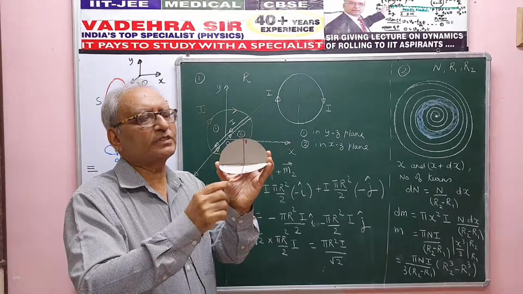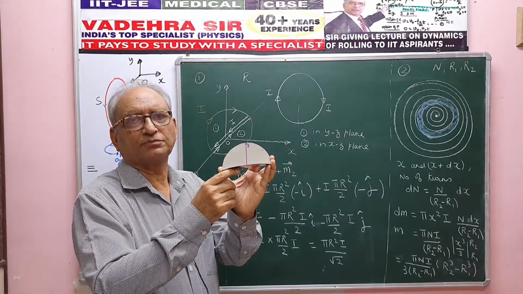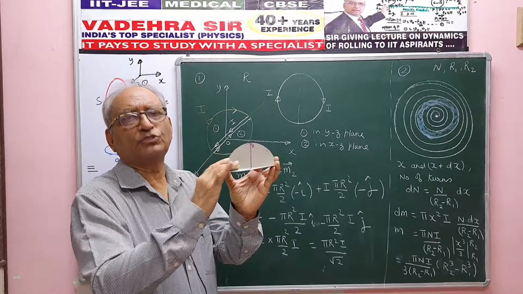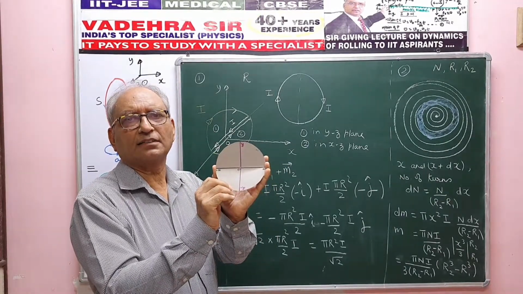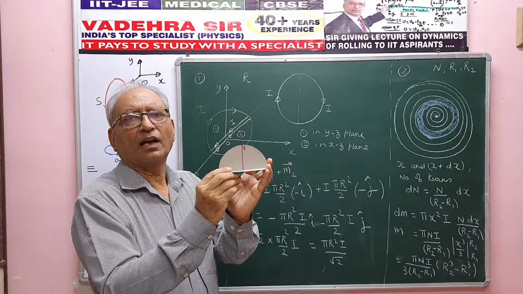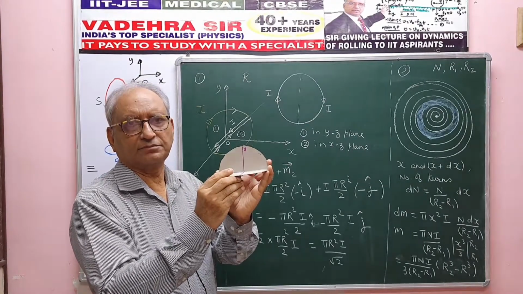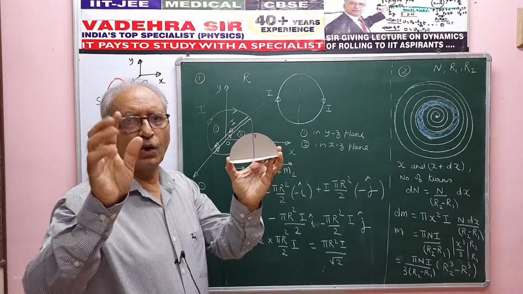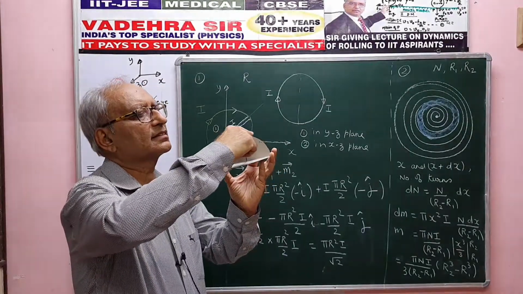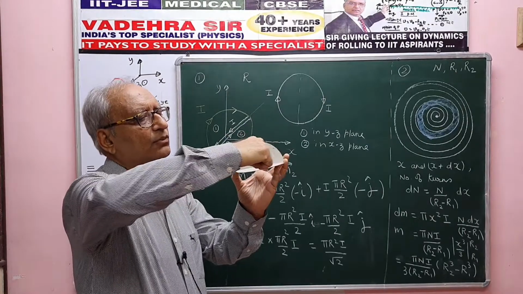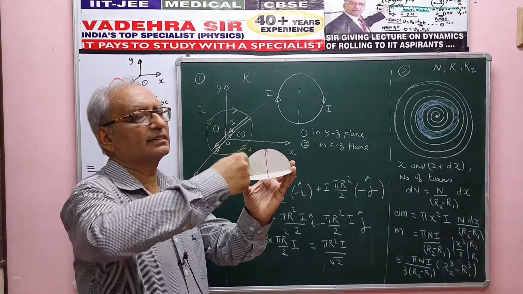So it becomes two semicircular rings now. This was of radius r, and each is now a half ring of radius r. Now just imagine, how will the current flow? I can just imagine like this, and then like this, it will go like this. That's how the current is going.